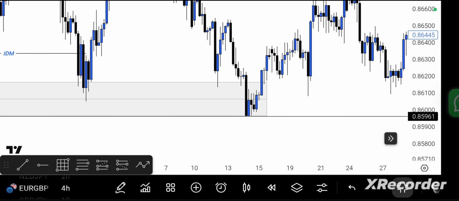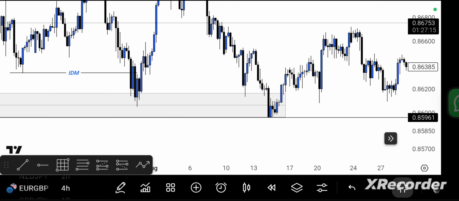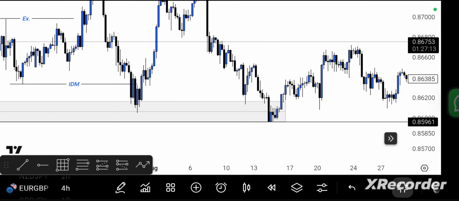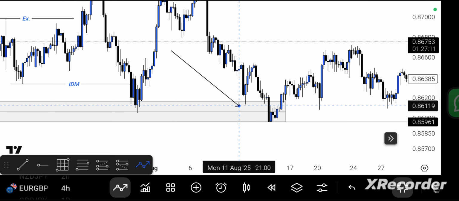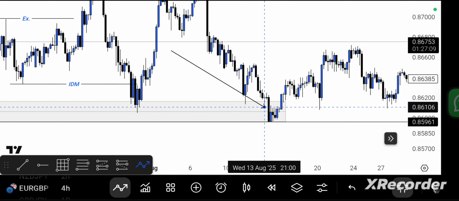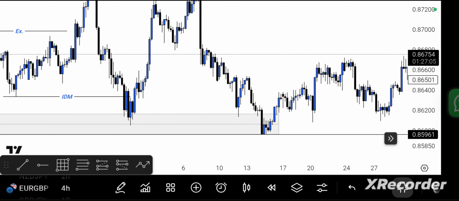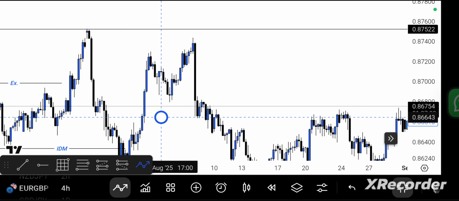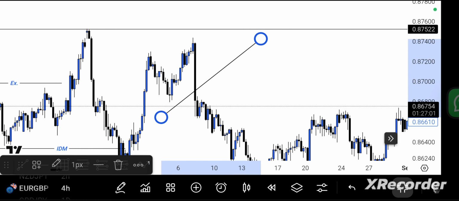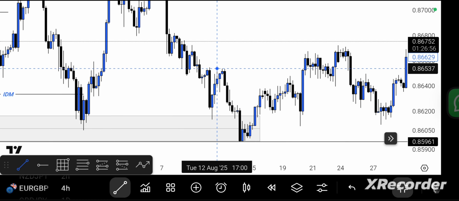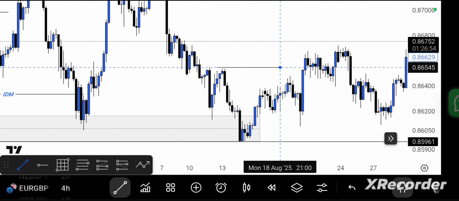This is just to point out that the market is very precise in whatever it's doing. You see the market came back to the order flow but didn't cause a change of character, tapped into this point and started pulling up. So we are looking to buy till we take out this level right here. After this mitigation, this was the last high we had.